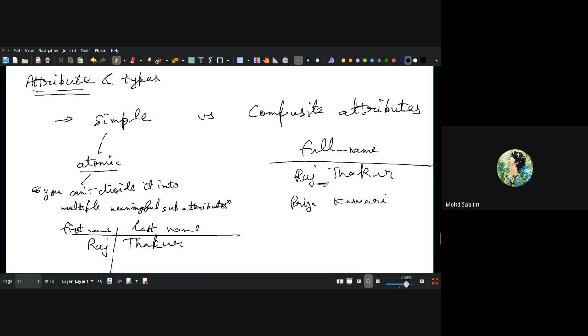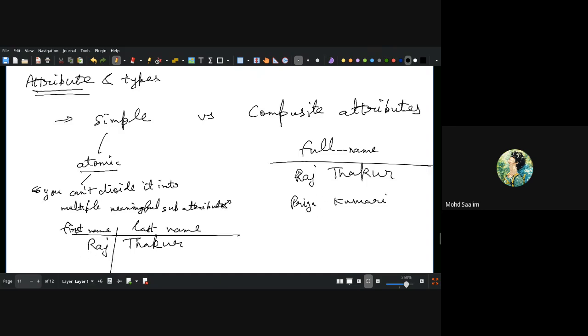I can use this space. I can check if the left hand side value is there, right hand side value is there, and if it is there, I can call the left side first name, and I can call this right side last name, right? I can break it, and this division will be meaningful, right? So this meaningful word is very important. It should be meaningful. Otherwise, I could also break Raj. But when I would be breaking Raj, that would be meaningless.